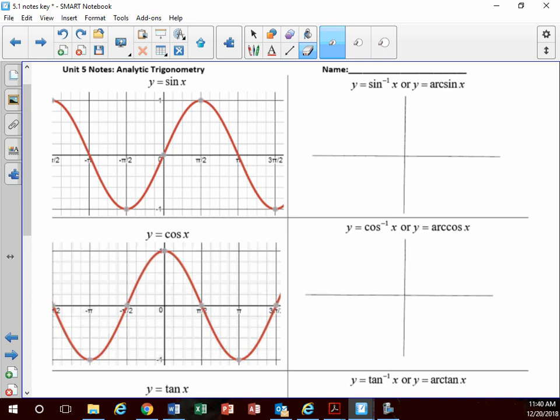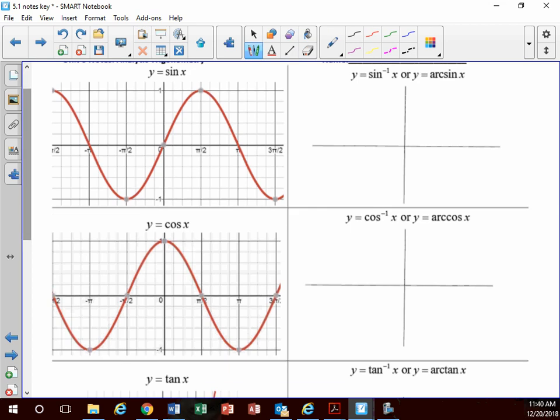Cosecant is the reciprocal, but if you see inverse sine, or a lot of times it's written arc sine, I think because that eliminates that confusion, that means the inverse of sine. It's not the reciprocal, it's the inverse.